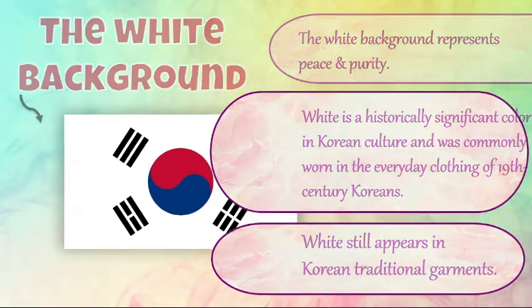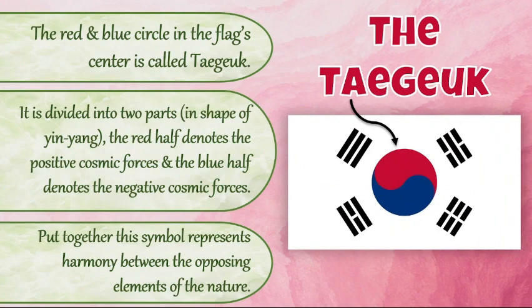Okay, next comes the Taeguk, that is this red and blue circle present in the center of the flag. This circle is called Taeguk. This circle is divided into 2 parts. It's in the shape of yin yang. Okay, it's based on Chinese ideology.